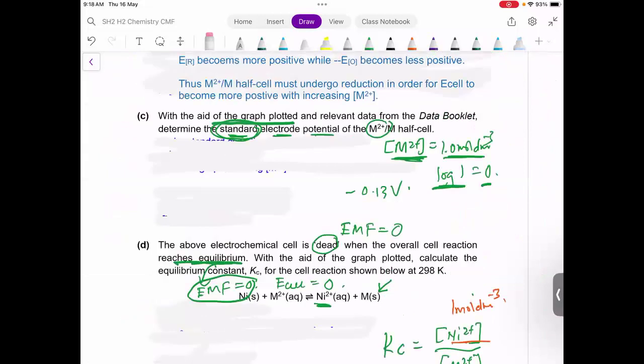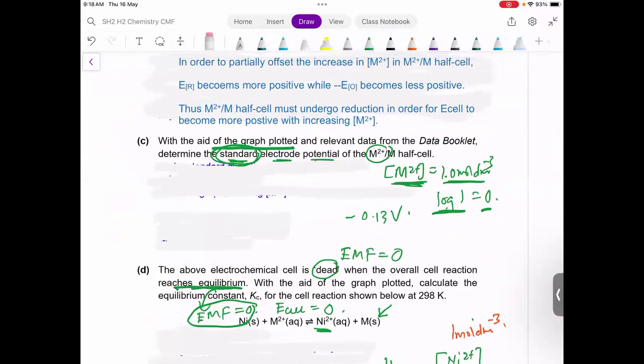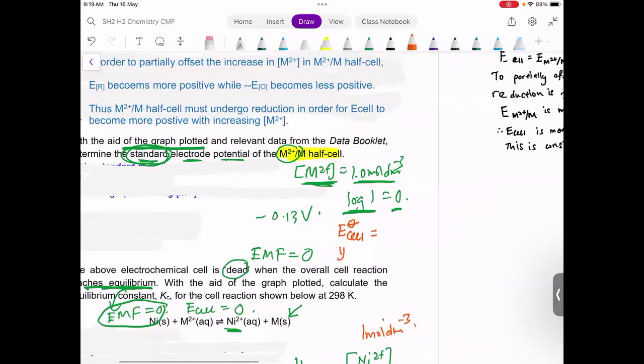12C, negative value. Oh, so is this the wrong answer? For part C, do all of you have this value, negative 0.13 volt? So how do you get this value? From the earlier part, you know that this is the cathode. So E0 cell, the standard electrode potential, will be equal to, this is from the y-intercept, the E0 of the cathode, minus the E0 of your nickel.